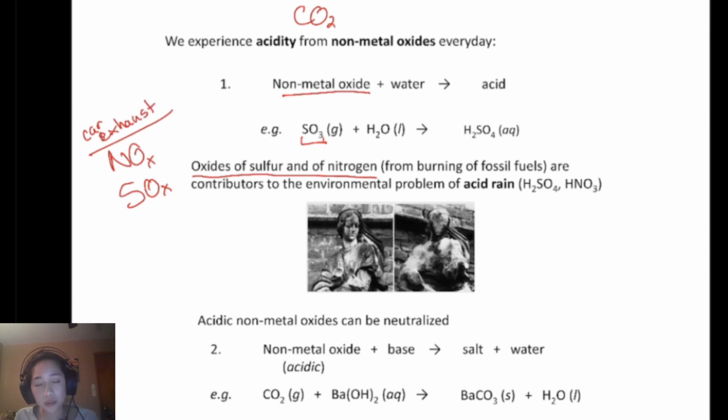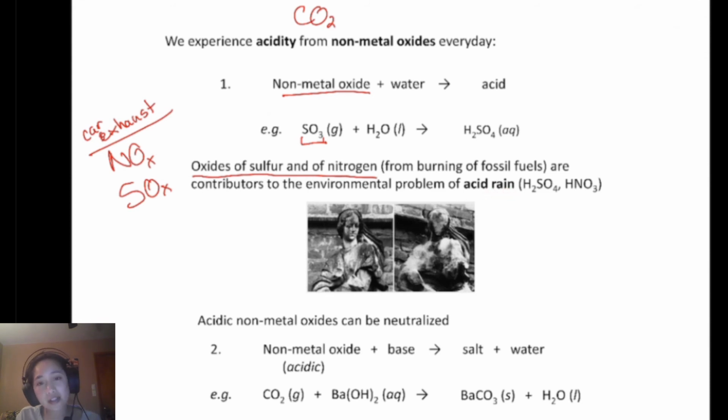So this is what produces acid rain. They say smog, or all of the byproducts of engines, cars, and industry can produce acid rain because essentially what we're doing is making a bunch of non-metal oxides and putting them in the air. So when moisture through rain or whatever comes down through the atmosphere and combines with these non-metal oxides that are in the air, we produce acid rain.